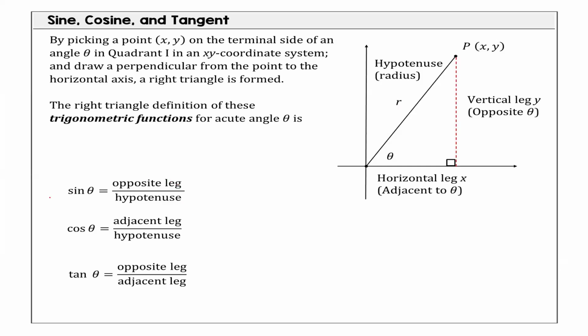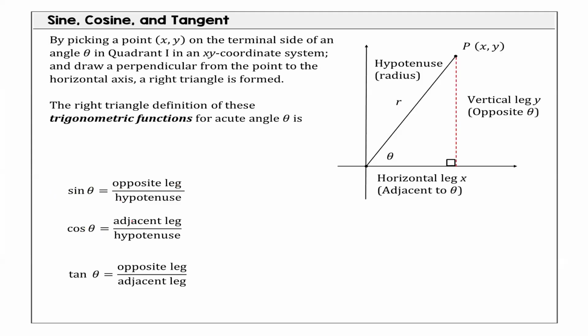So in geometry, you guys learned SOHCAHTOA, right? I don't say it that much anymore because we're big kids now. Either way, in geometry you learned that sine theta equals opposite leg over hypotenuse.